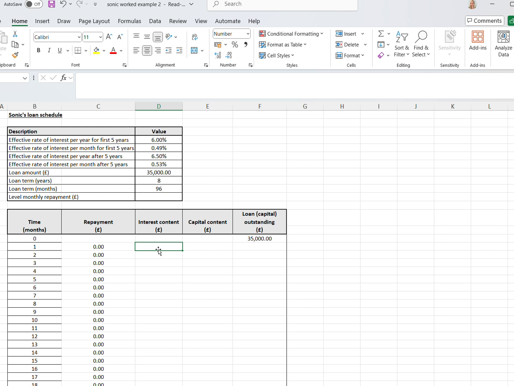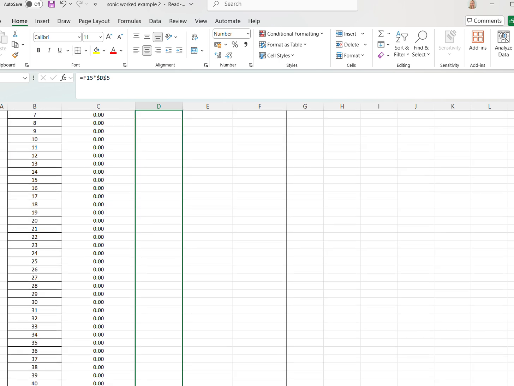In my interest content, for the first 5 years, we're going to be working with this 0.49. So I'm going to take my capital and multiply it by my interest rate. Again, that's not going to change. That's going to stay the same for 5 years. 5 years is 60 months, so I'm going to drag this down until I get to month 60.